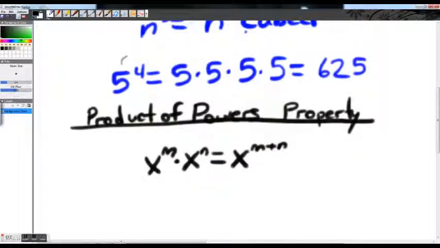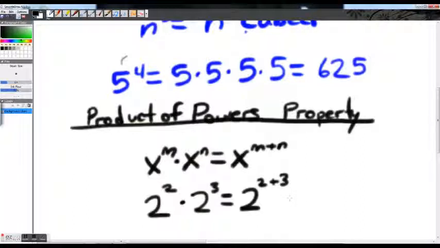Let's say we have 2 squared times 2 cubed. Well, we would add 2 and 3, and we get 2 to the 5th.